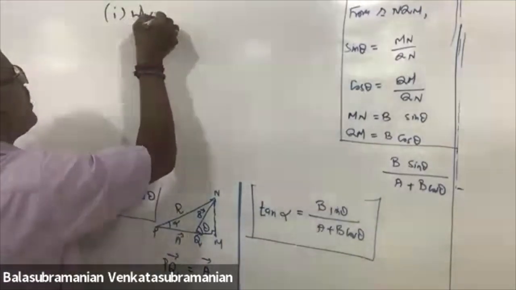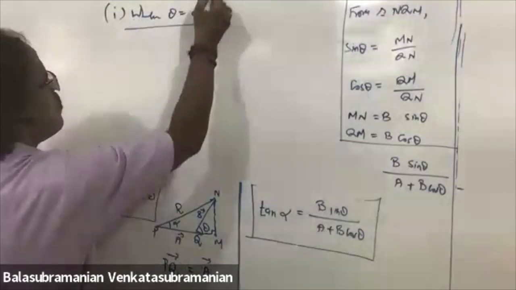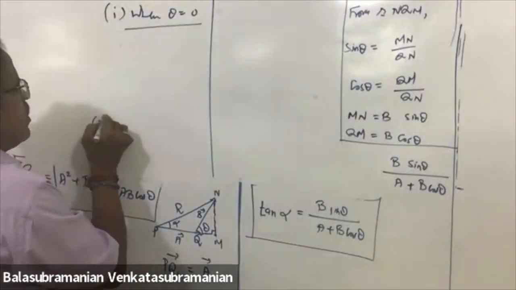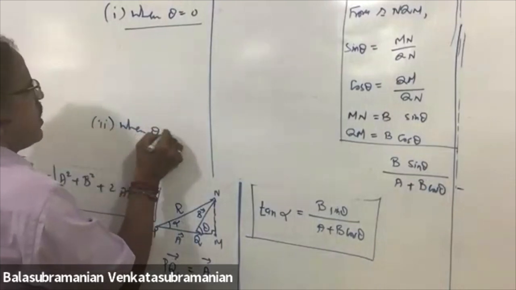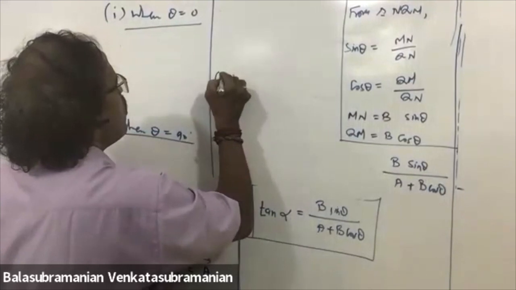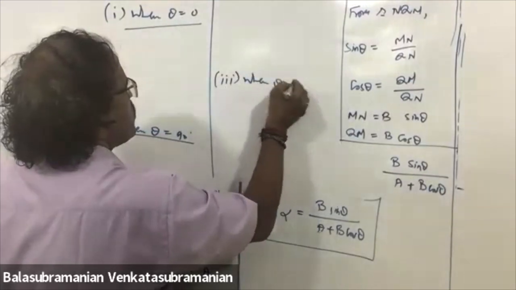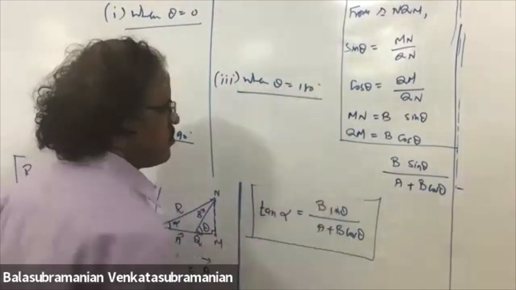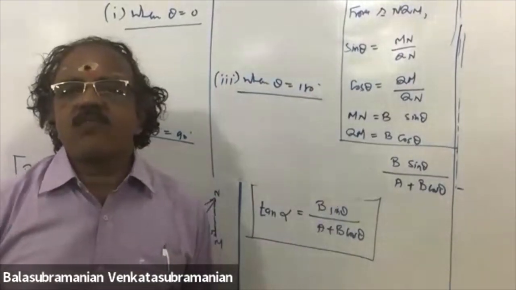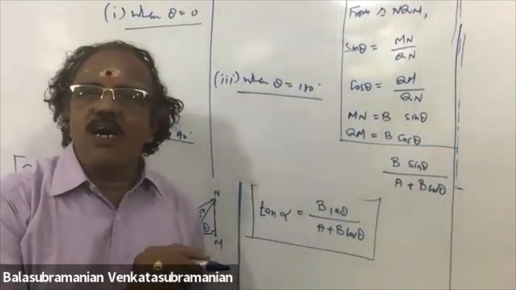When theta is equal to 0, when theta is equal to 90, when theta is equal to 180. So in these three cases, we have to calculate the value of R and tan alpha.